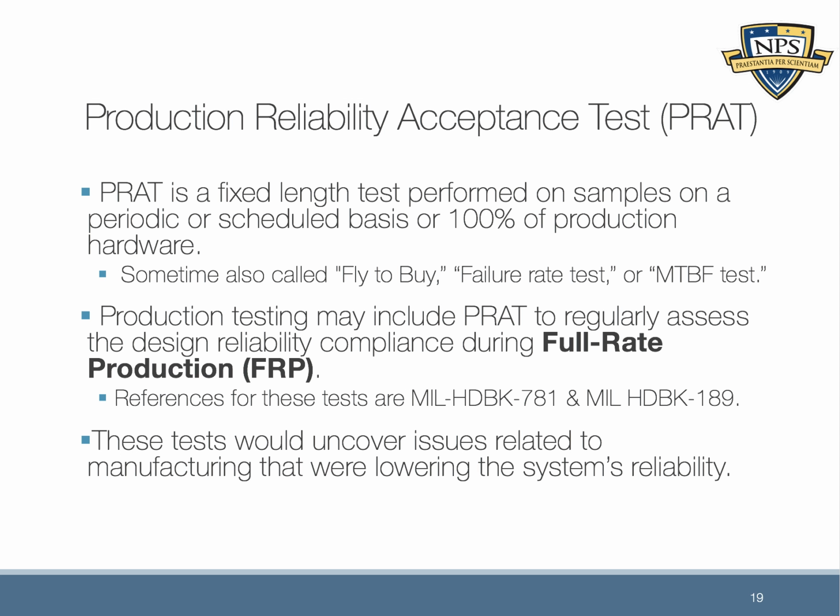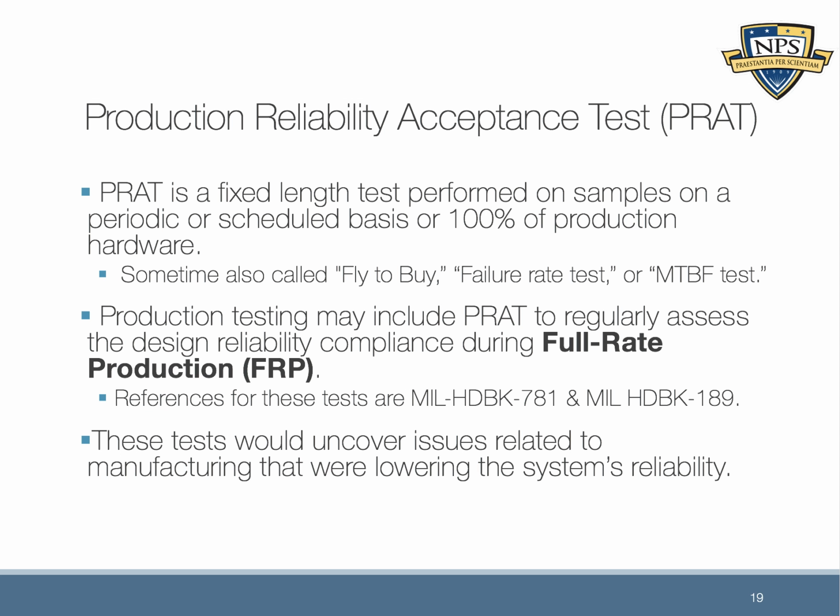So production testing regularly assesses the design reliability during full rate production. This is once you're after LRIP, low rate initial production. So once you're really into reliability and you want to continue to verify that the reliability is being demonstrated.